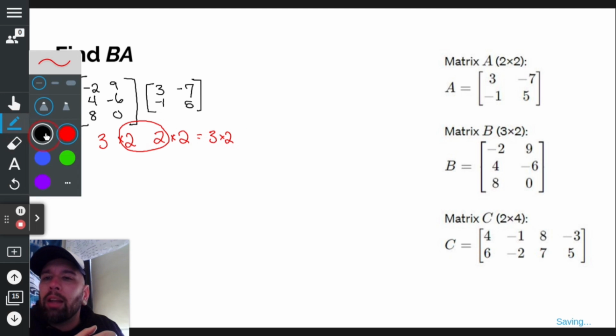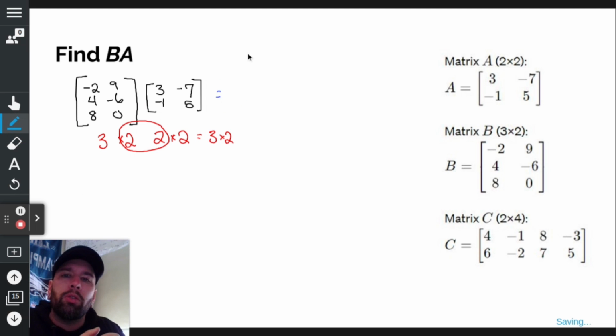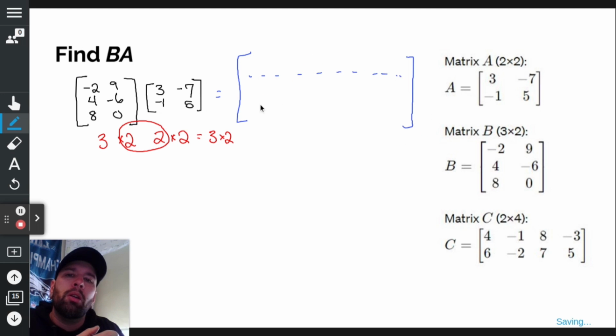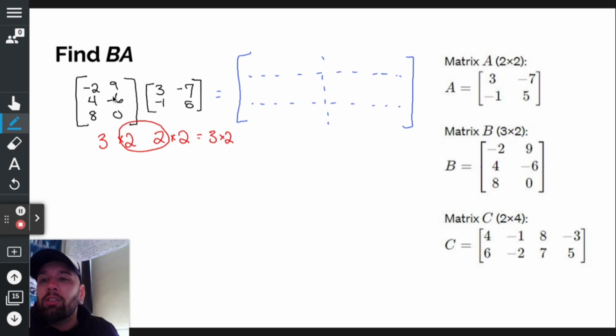Okay, so that's 3 rows, 2 columns. Now the way you multiply matrices together is you take the first matrix, you split it up by rows. You take the second matrix and split it up by columns. I'm going to begin with the first row.